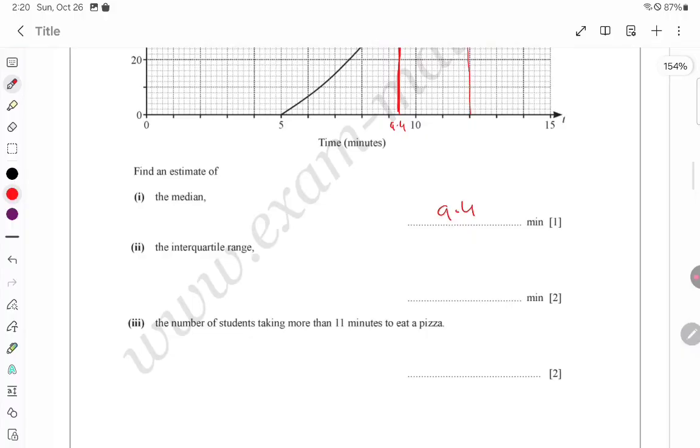The interquartile range: in order to calculate it, for the lower quartile we multiply with 1/4, and for the upper quartile we multiply with 3/4 into 100.